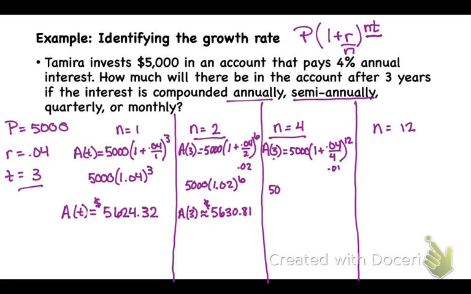So 5,000, 1 plus 0.01, so 1.01 to the 12. Approximately 5,634.13. You guys agree? Yeah. Okay, so I made a little bit more money, right? Almost $10 more than one time a year, right?